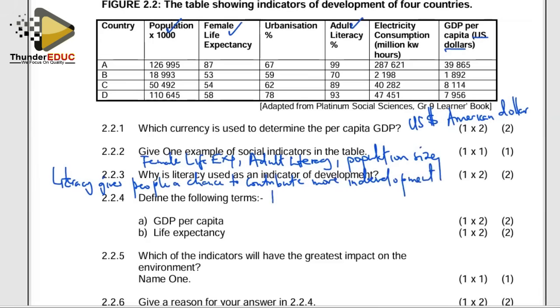Or you can say people can get better jobs. Or we can talk about the spread of knowledge. A country which has got high literacy is more likely to develop faster compared to a country with high illiteracy. People have got a chance to contribute more to development.